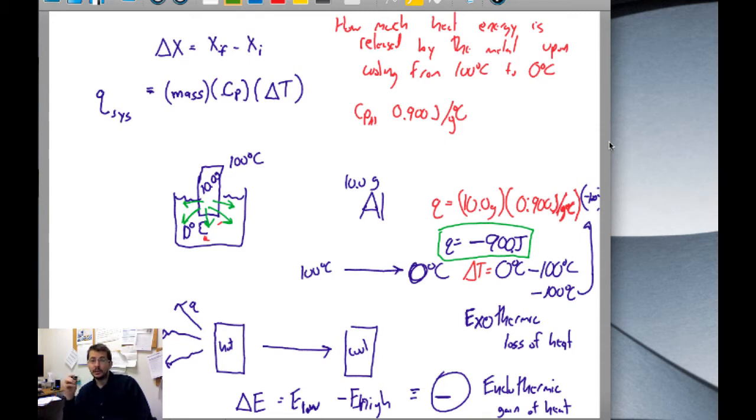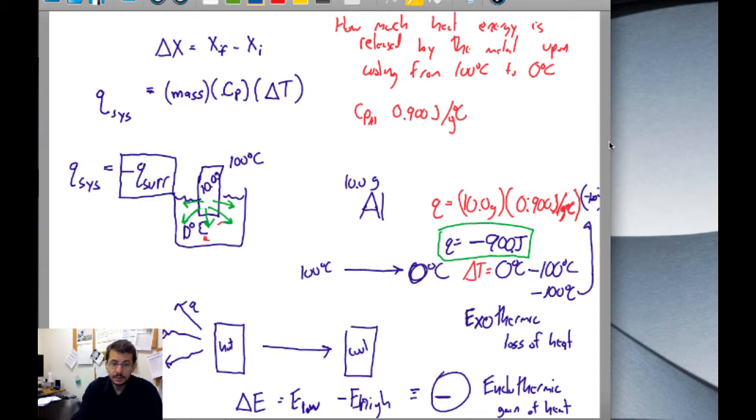And so rather than looking directly at the metal, we can often use the indirect measurement, not of the system, but we can use the fact that we can look at the surroundings to measure the heat change. This interrelationship between these two is at the heart of what we call calorimetry.